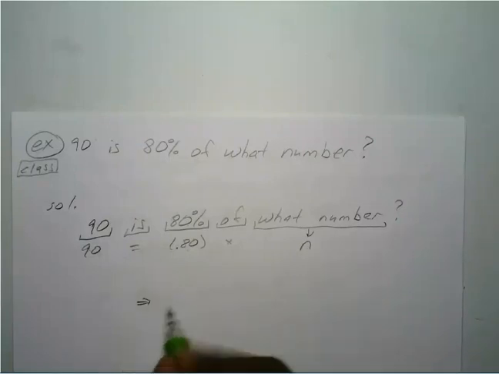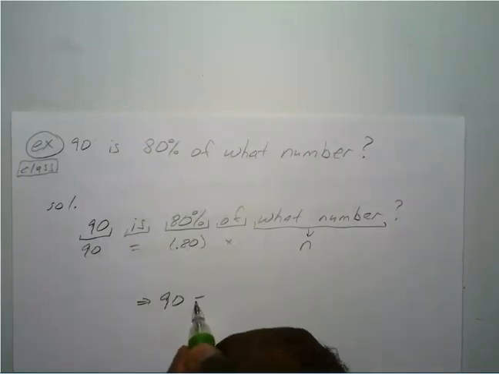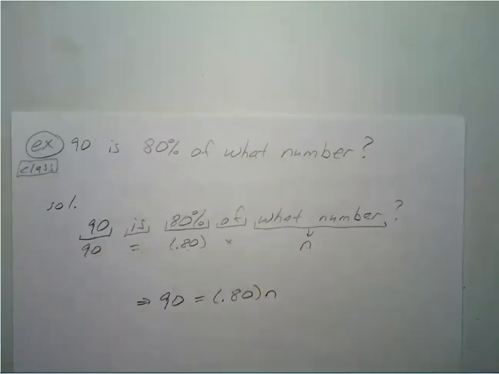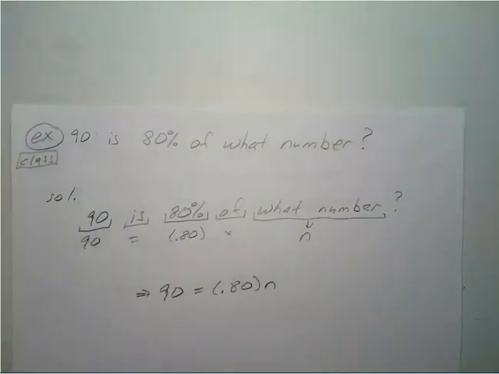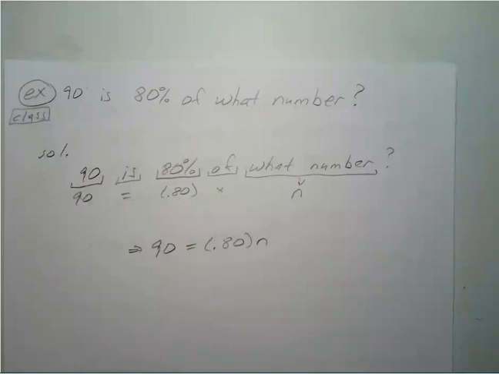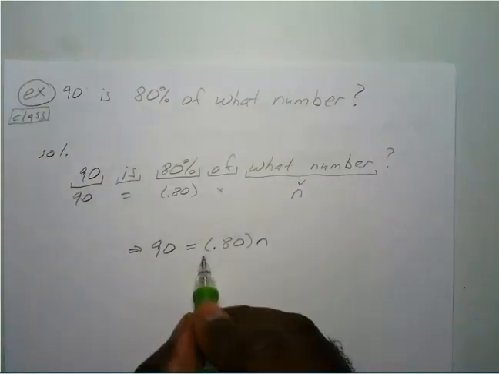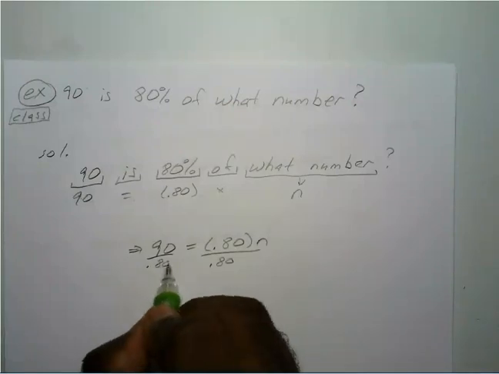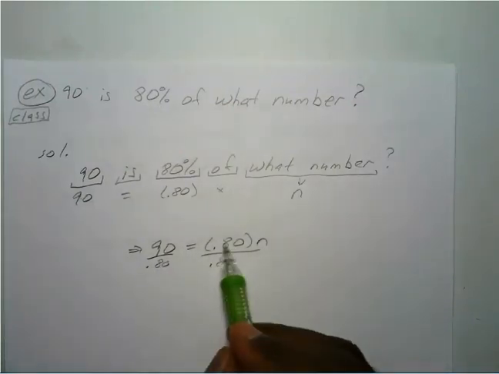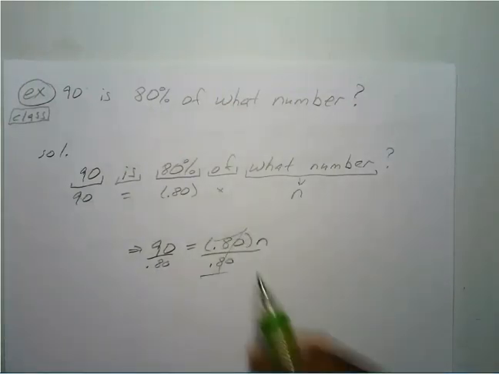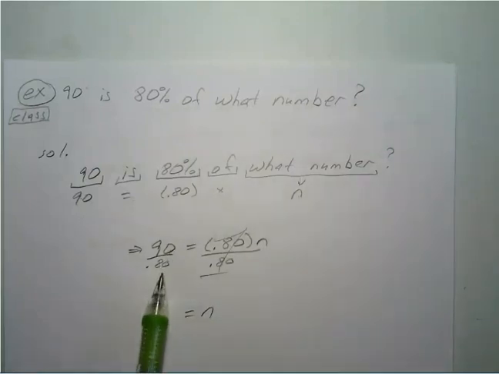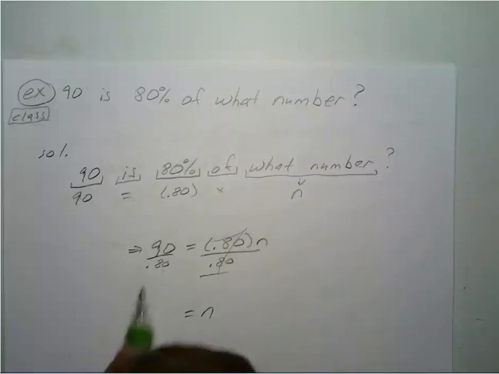So we're going to go ahead and write that equation. 90 equals 0.80 times n. All right, so we go ahead and we solve for our n. So we divide both sides by 0.80 or 0.8. You don't have to put the 0 there. Anything divided by itself is just 1. So that means that n is equal to 90 divided by 0.8, which is 112.5.